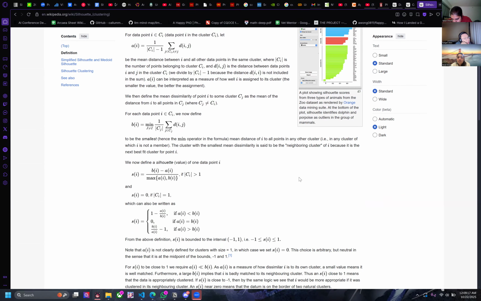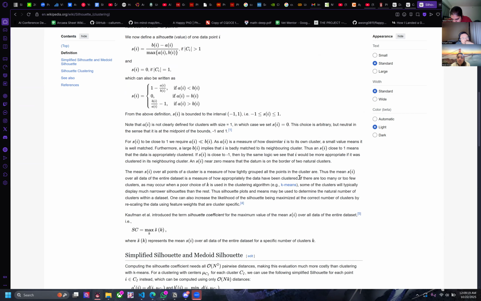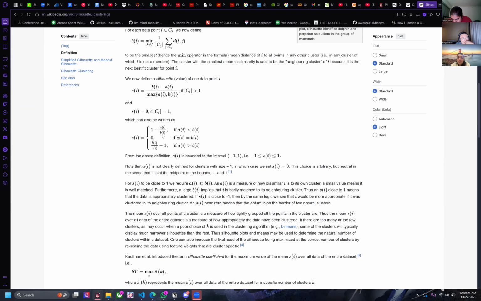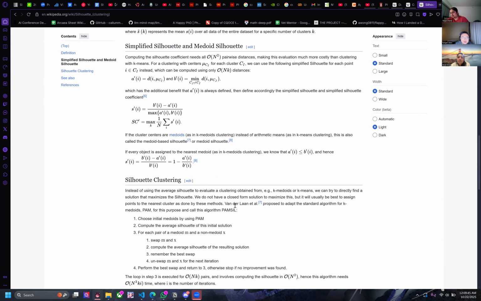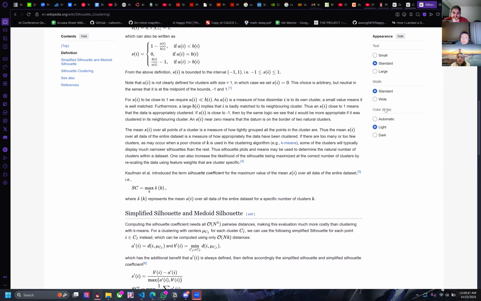I don't remember what it exactly does, but as far as I remember, any value closer to one is good, and any value closer to -1 is bad. Because if it's one, it means that the clusters are well separated and the values within each are very close to each other. And if it gets closer to -1, you basically get a concentric circle where all the points are mingled. So that's the first one I remember.